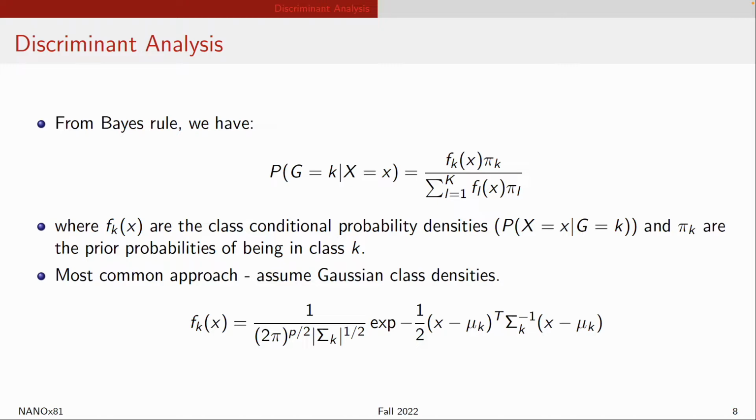Now, of course, this gives us a new problem, right? We actually need to know what our class conditional probabilities are. And we often do not have that information, right? We don't actually know what the class conditional probabilities should be.